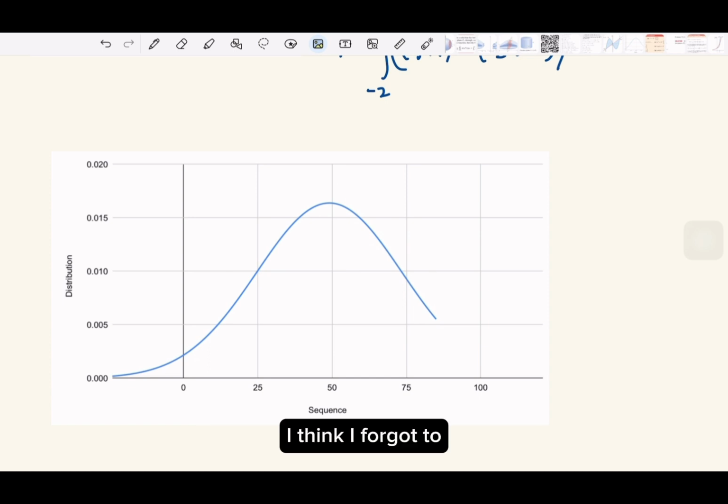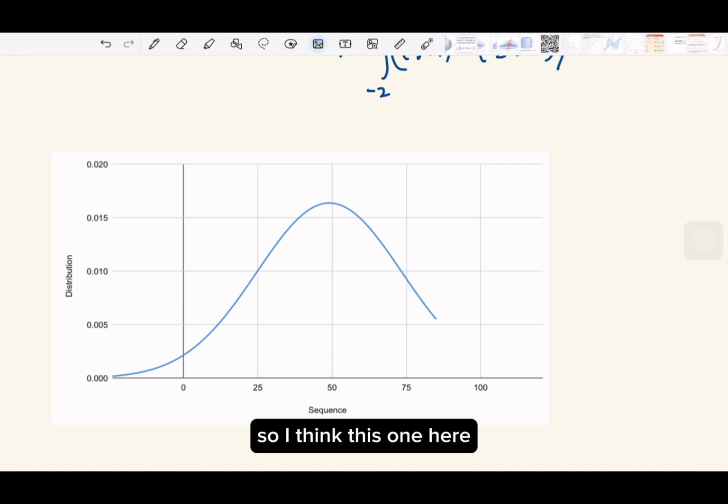And I think I forgot to make some additional policy, to make the distribution more clear and also fair for all students.